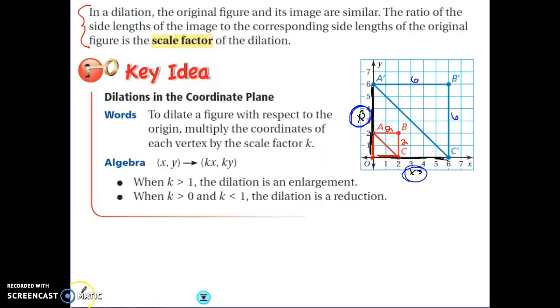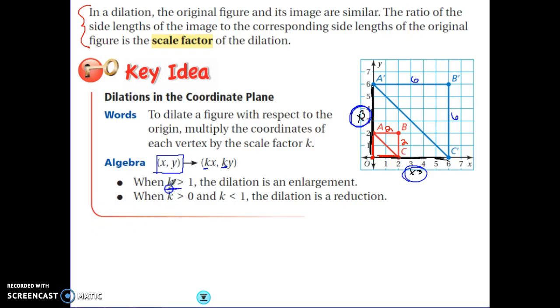Looking at it algebraically, if you have vertices at any coordinate x, y, and you are told to enlarge it by a certain factor, all we do is we multiply each of the x and the y values by that number. Same thing if you are reducing. The only difference between an image getting larger and an image getting smaller, or being reduced, is the value of that k.